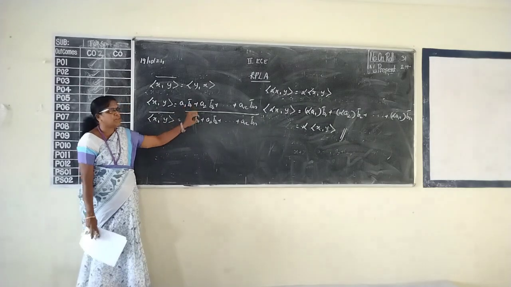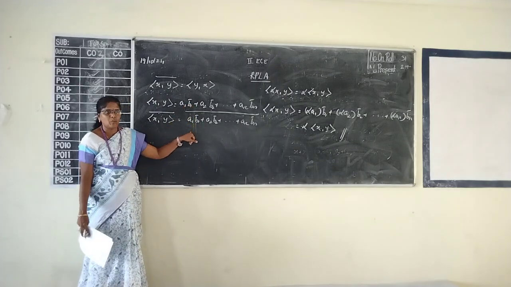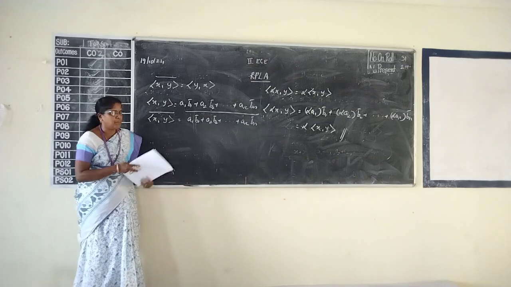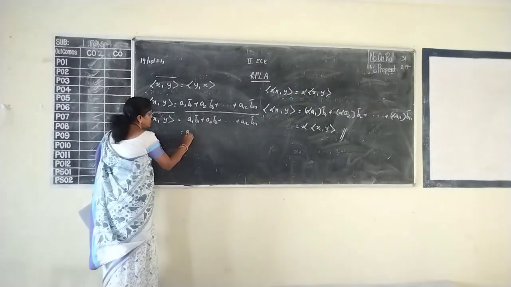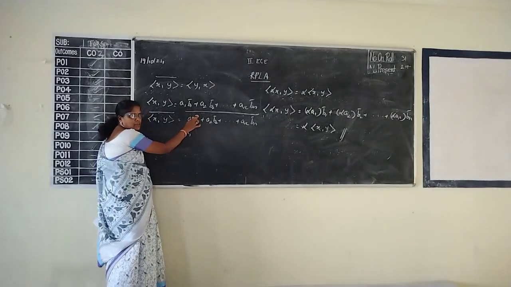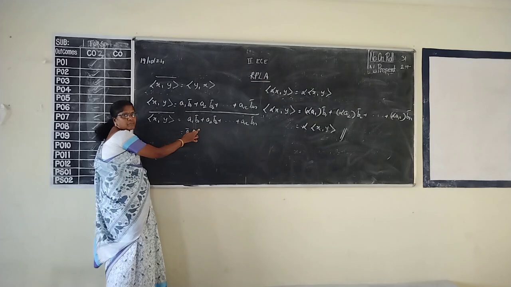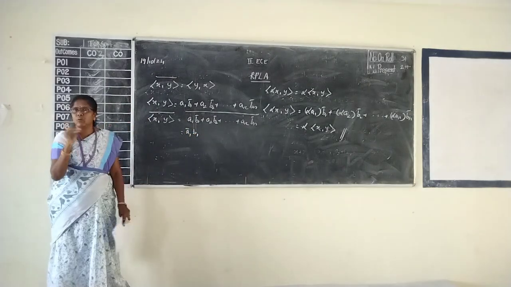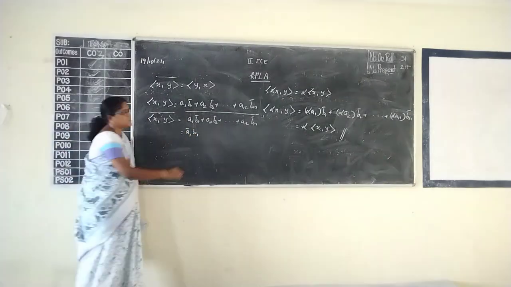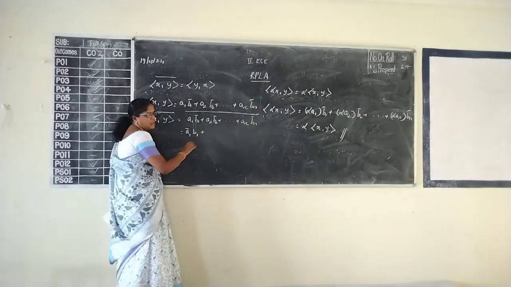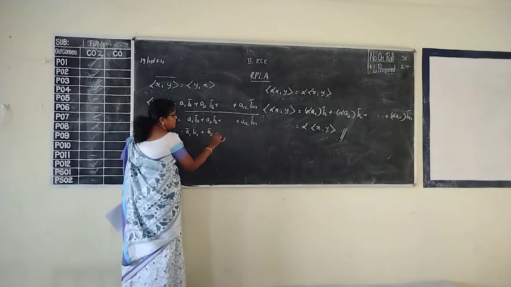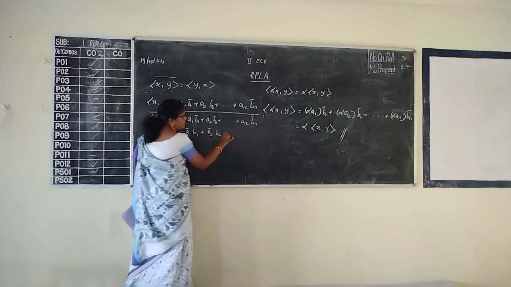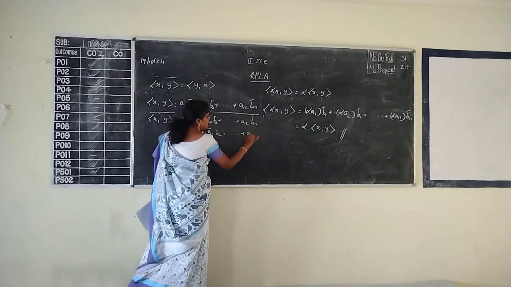So now apply the conjugate for each term. A1, if you apply the conjugate, will become A1 bar. This is B1 bar. Again the conjugate will become B1. The conjugate of the conjugate is the original itself. So what happened to the next one? A2 bar, B2. Apply the conjugate for each term separately. Plus etc., An bar.